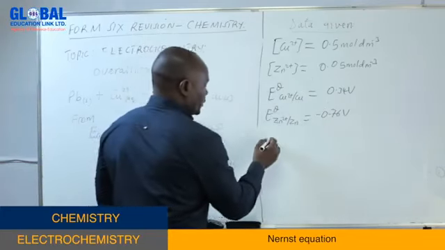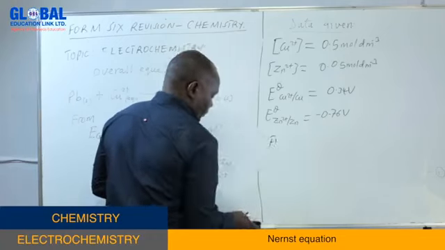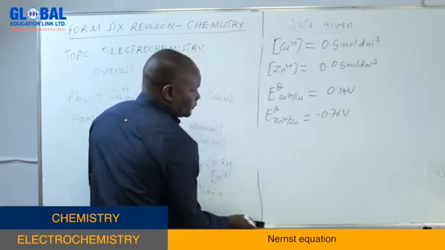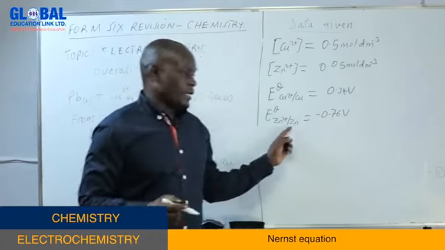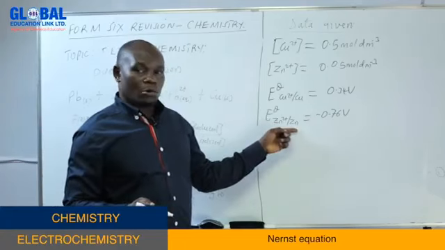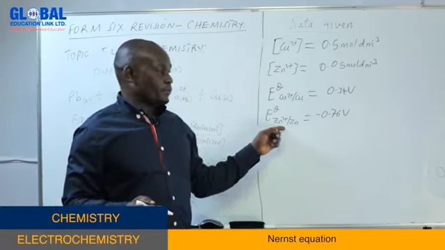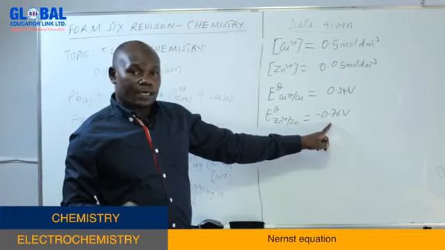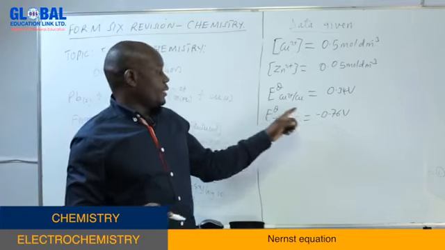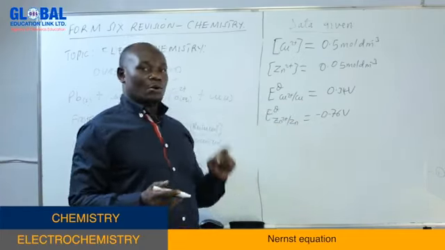So from the next equation, the species that will undergo oxidation here is zinc, because of the lower standard electrode potential, and copper is the one that will undergo reduction.